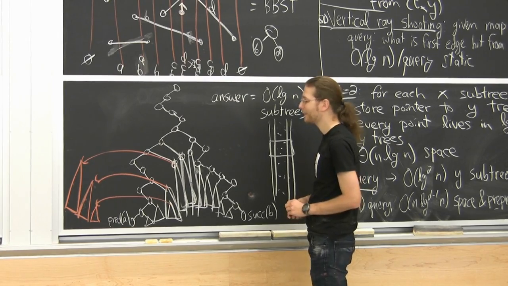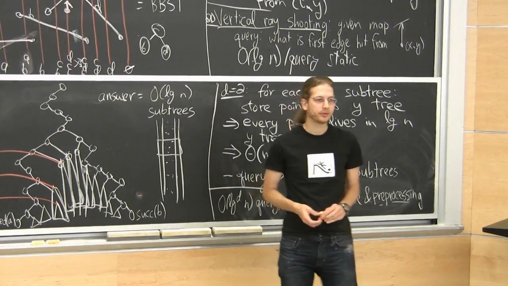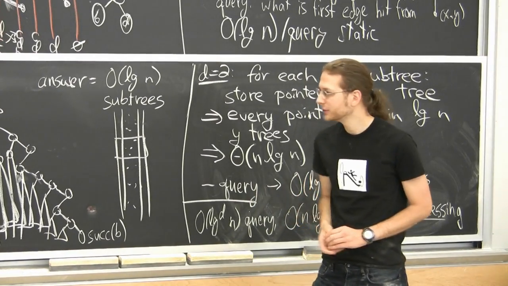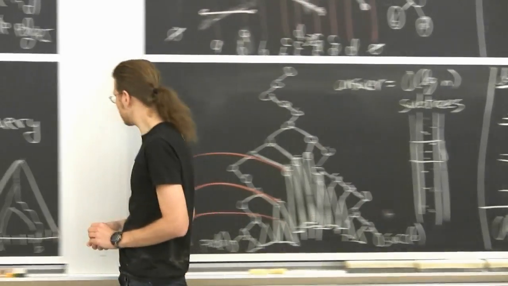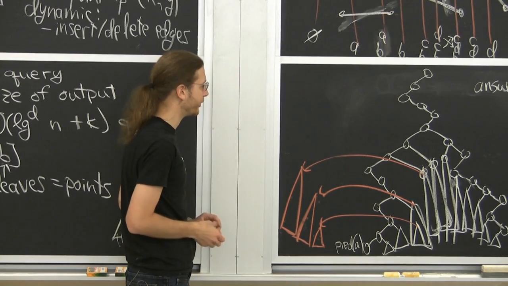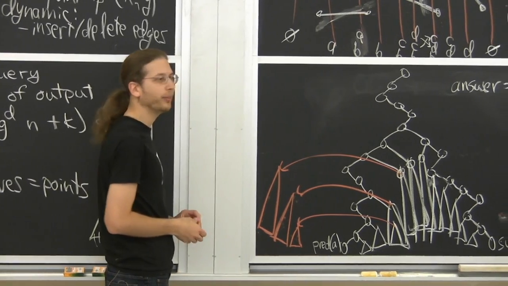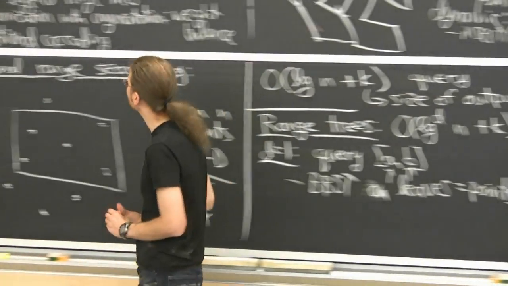Yep. Other questions? Yeah? So if we were doing a dynamic case, how would we implement rotations in the X? Okay, dynamic. Dynamic is annoying. Yeah, rotations are annoying. I think we'll come back to that. We can solve that. I thought it was easy, but you're right.